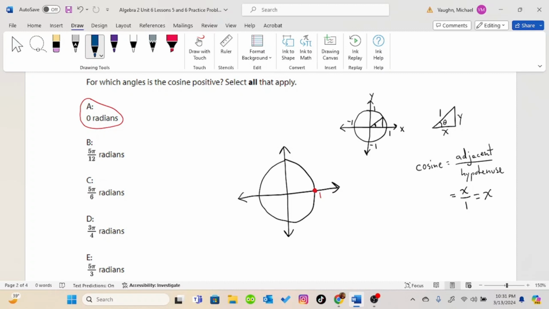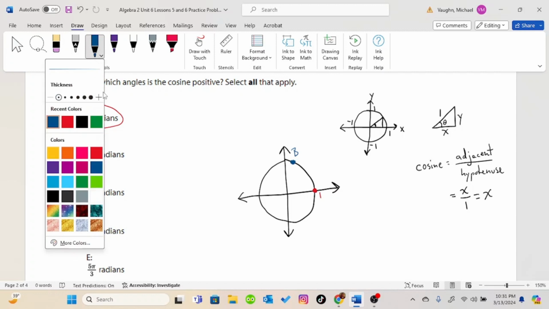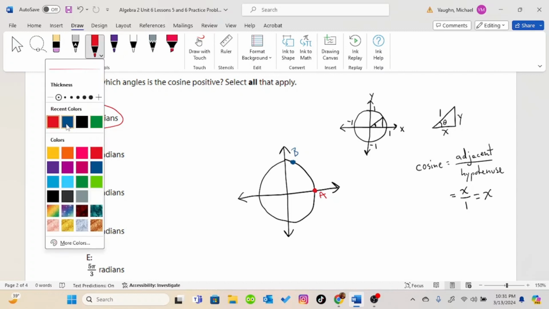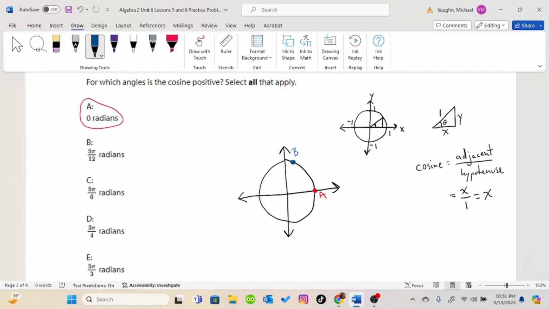So if we are not even to halfway, then B would be right about here. So B would also be a correct answer.